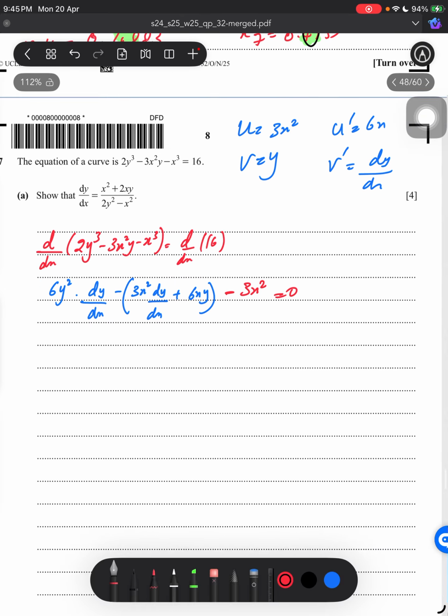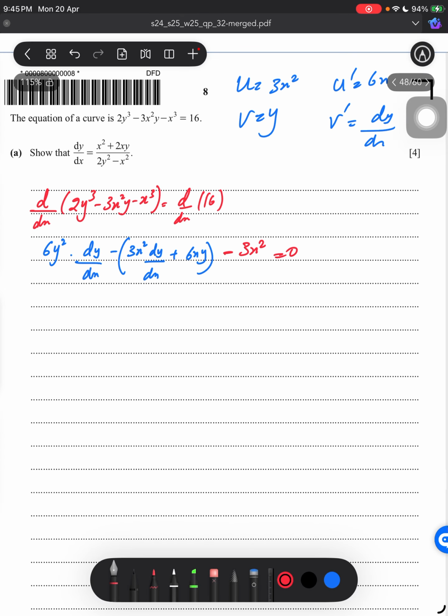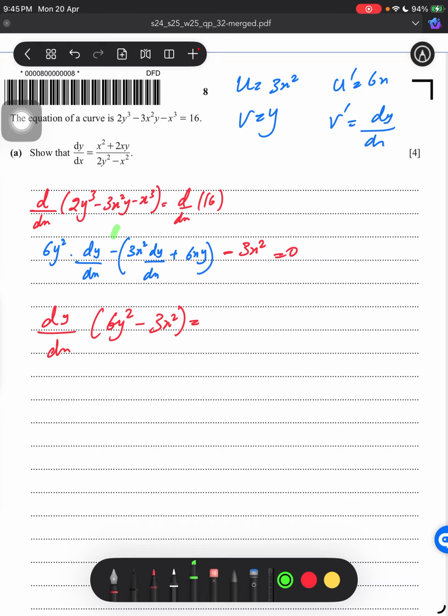So you would have something, I'm just going to shift this whole thing to that side.